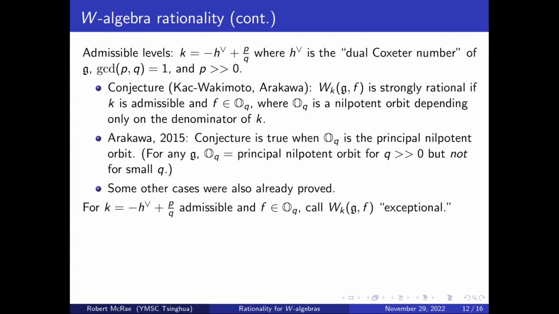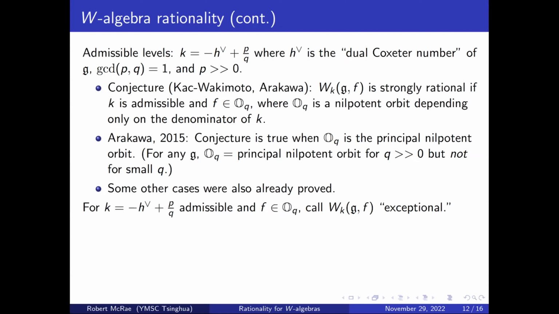And in fact, many cases of this conjecture have been proved over the last few years. Most importantly, Arakawa proved that this is true when this orbit happens to be the principal nilpotent orbit. And actually, O_q is always the principal nilpotent orbit for all but finitely many q for any given G. But there are many cases where q is small, where O_q is not the principal nilpotent orbit.